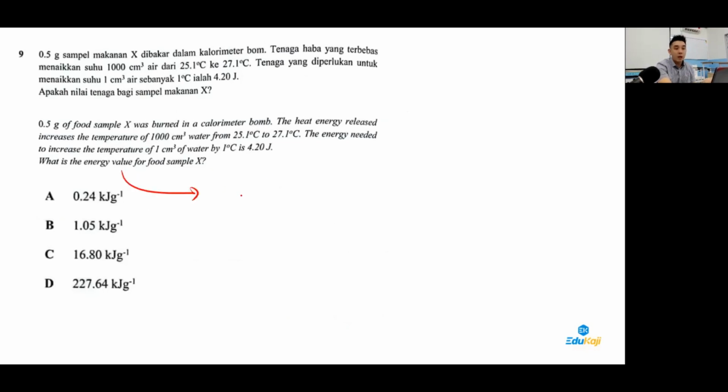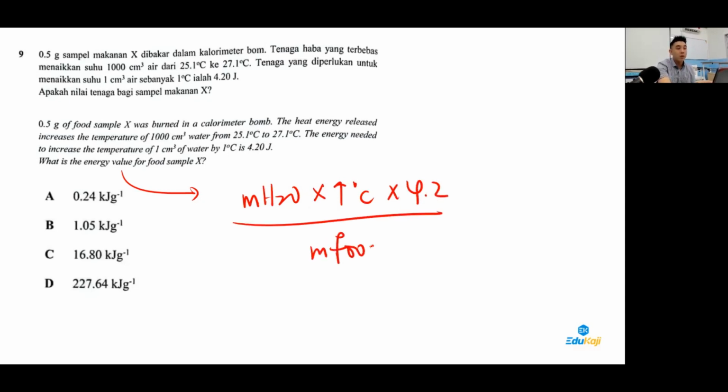Number 9, guys, you have to do a bit of calculation here. Energy value is the mass of water, multiplied by the increase in temperature, multiplied by 4.2, over the mass of the food.